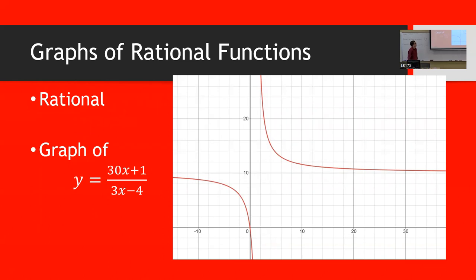So if you graphed y equals (30x plus 1) divided by (3x minus 4), you would get this one.